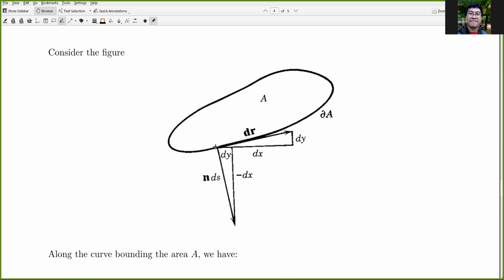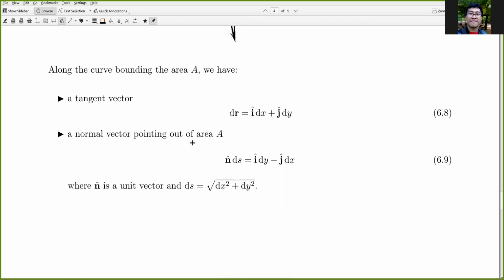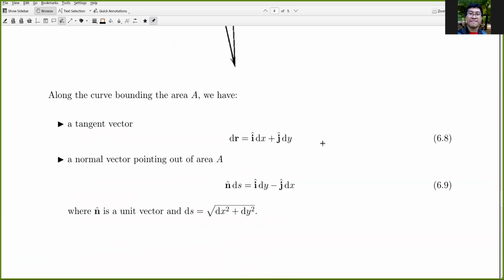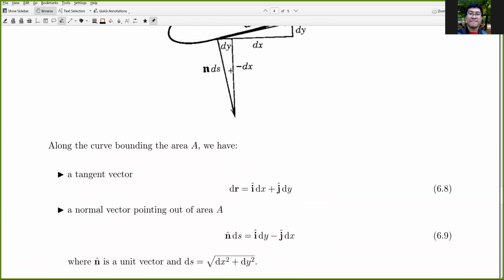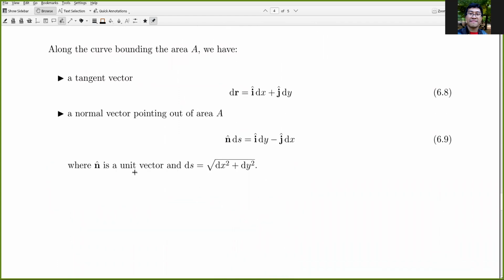You also have this normal vector n ds, normal to the vector dr at this position. N is a unit vector pointing out of the area A, so we have a tangent vector dr and a normal vector pointing away from the area A. N is a unit vector, and ds is the magnitude of our dr.